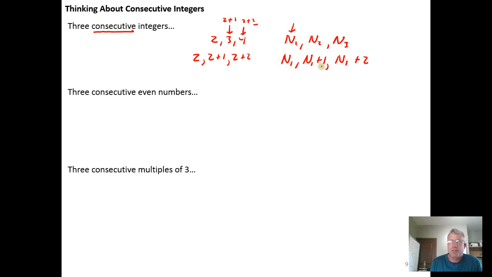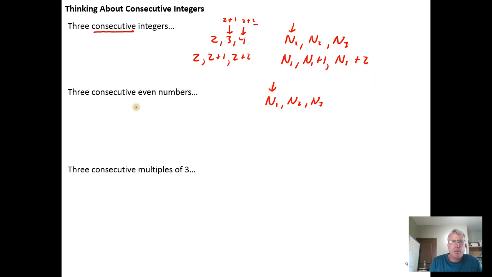The smallest, the smallest plus 1, the smallest plus 2. If we had three consecutive even integers, represented with variable names n sub 1, n sub 2, n sub 3, the key when solving a consecutive integer problem is that we need to represent all three using just one of the three.